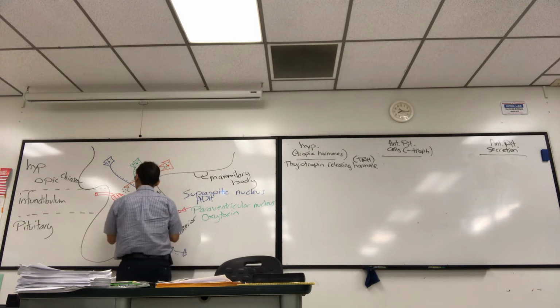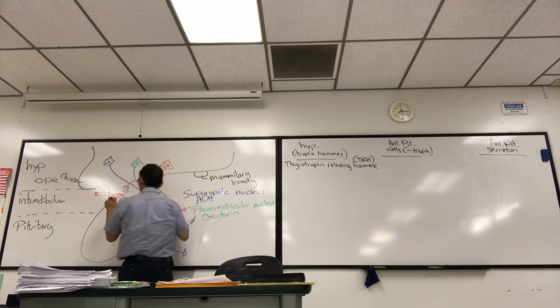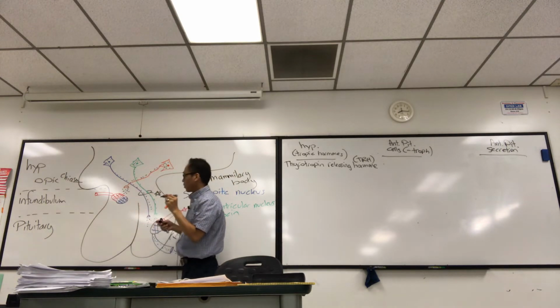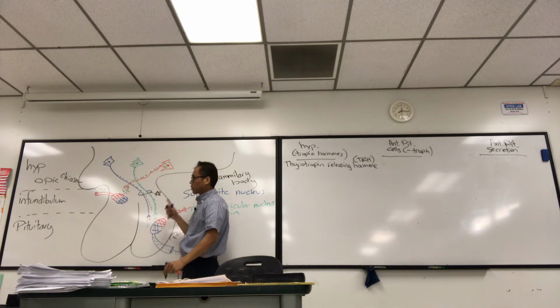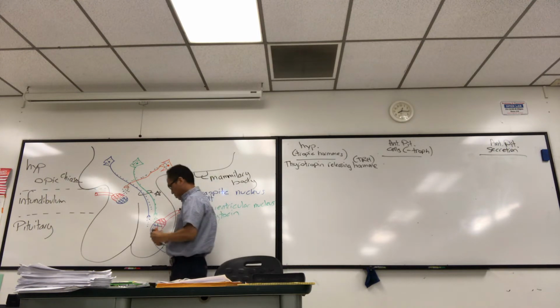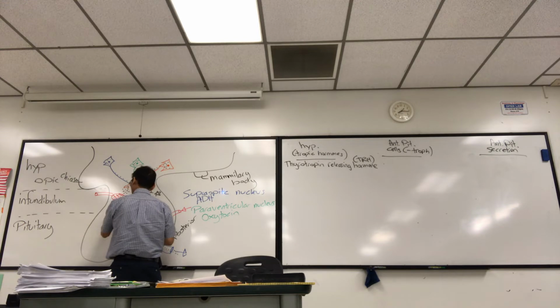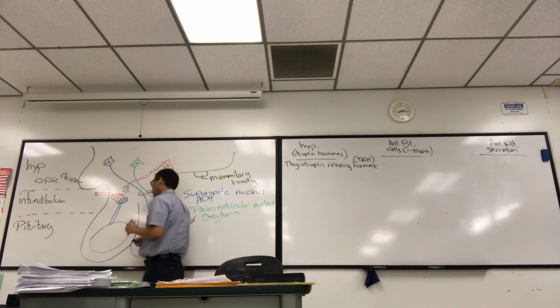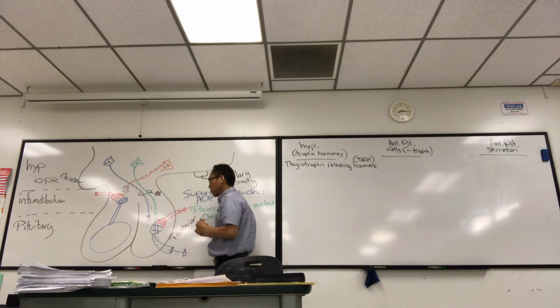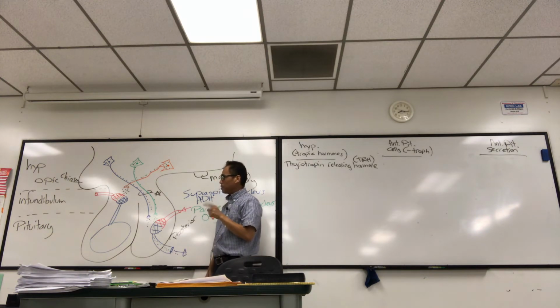And then the TRH, my black dots, they're not going to go to systemic circulation. They're going to go to a portal vein straight to cap bed 2. I'll just draw one portal vein. I'm going to draw a rather large cap bed 2, but I won't cross hatch it. But I want to emphasize cap bed 2.